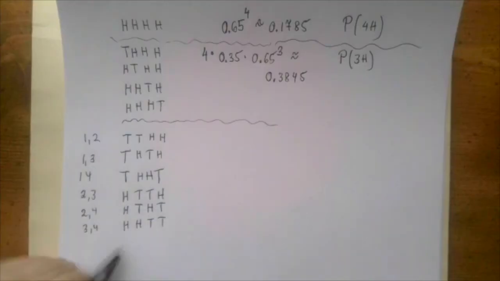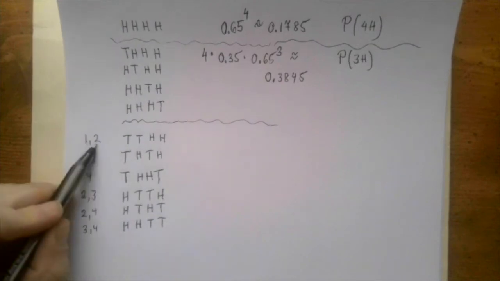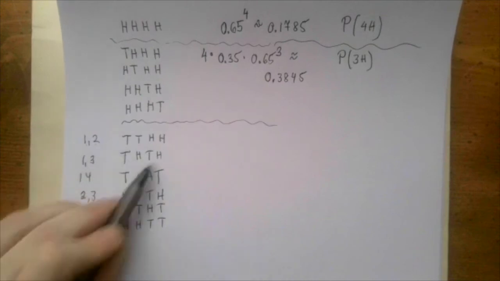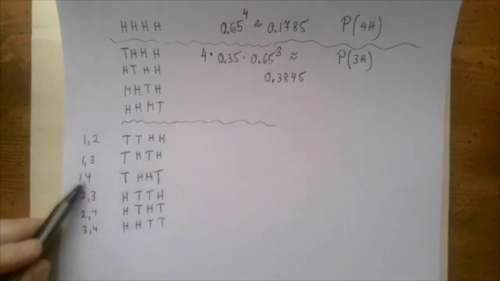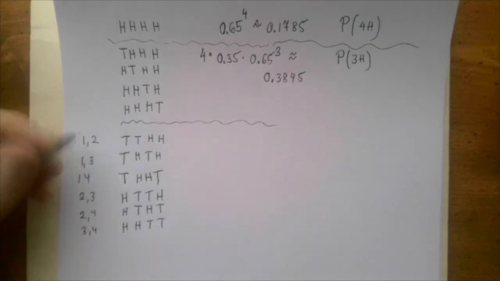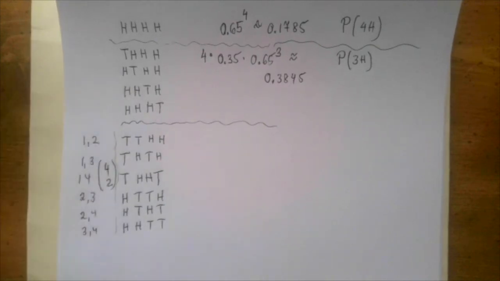Okay, so now how can we get 2 heads and 2 tails? There are 6 different ways we can get 2 heads and 2 tails. This notation, 1, 2 represents the 1st and the 2nd spot where we get tails. 1, 3 is the 1st and the 3rd, 1st and the 4th place, and so on. So these are 2-element subsets in a 4-element set. At this point, it's probably no surprise that it's 4 choose 2. We choose 2 spots out of the 4 to have tails, and then the other 2 must be heads.